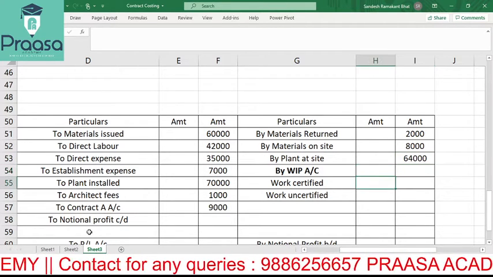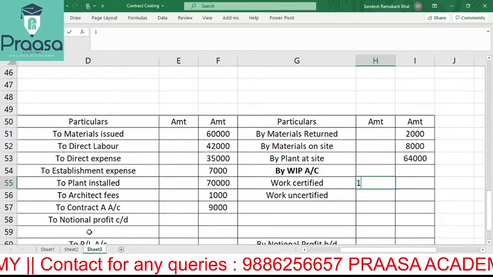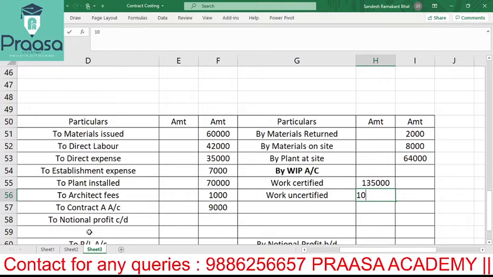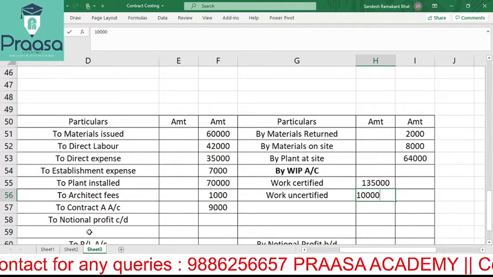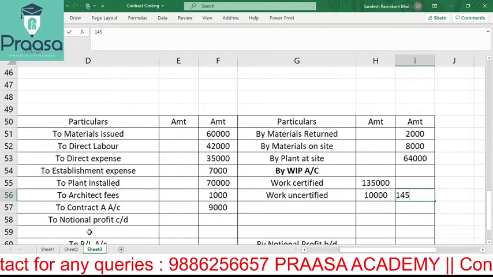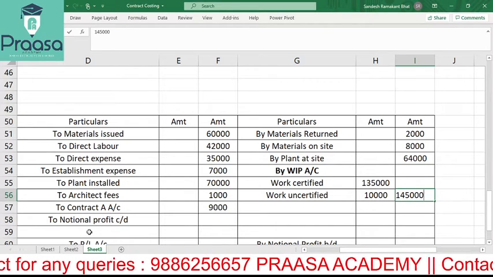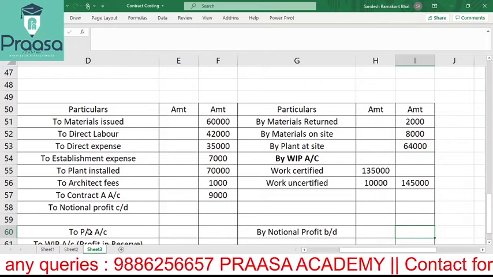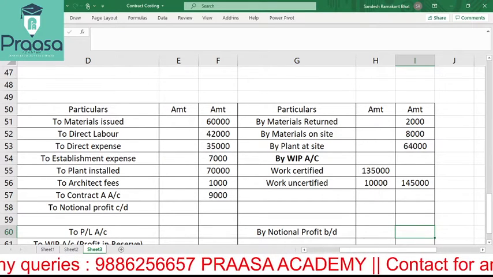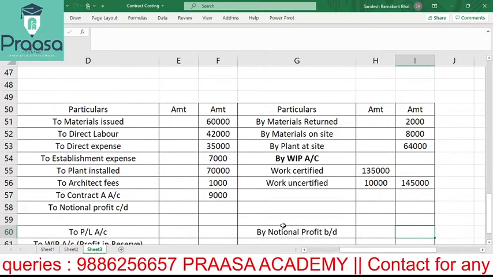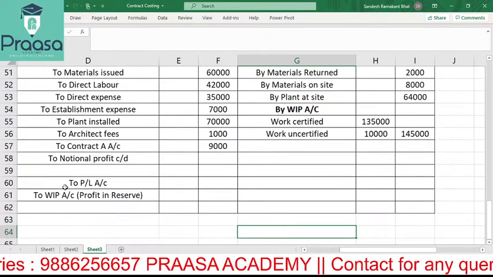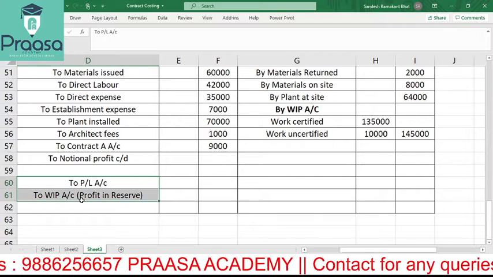Work certified is 1,35,000 and work uncertified is 10,000. So overall it will be 1,45,000. Okay, we'll check whether we have notional profit or not.